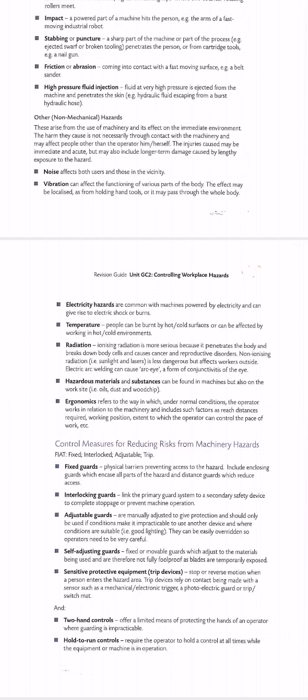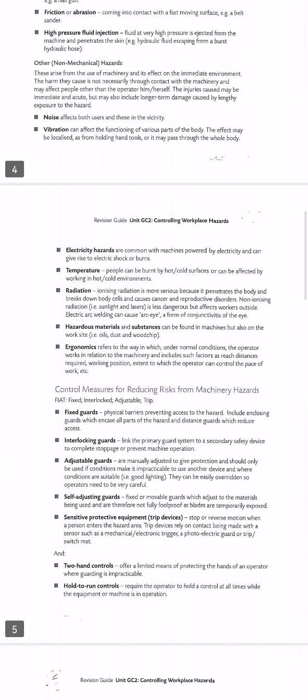So these are also non-mechanical hazards: noise, vibration, electrical hazard. You're talking about temperature and radiation. Radiation from the sun or from some machines that produce high heat, you understand? Then hazardous materials like substances and certain chemicals. Then ergonomics can also cause problems.